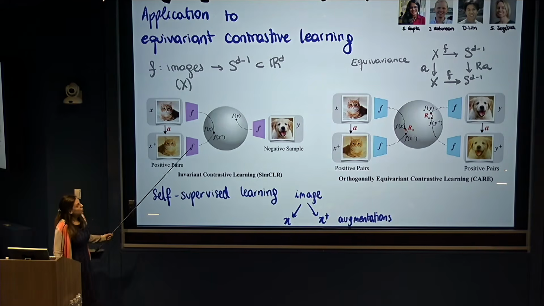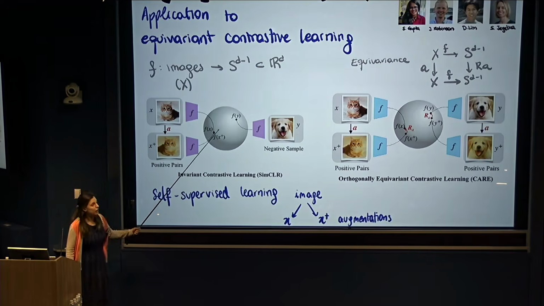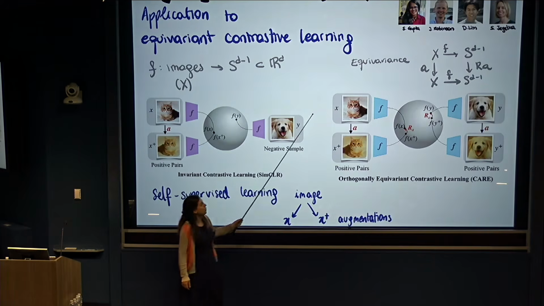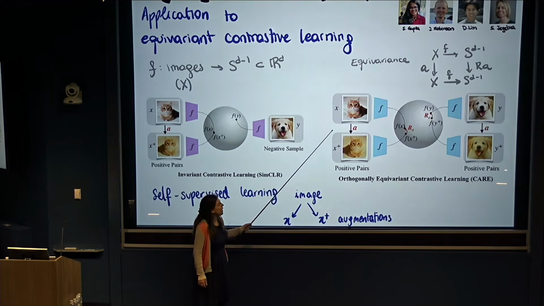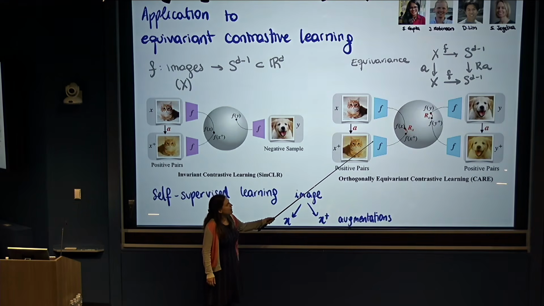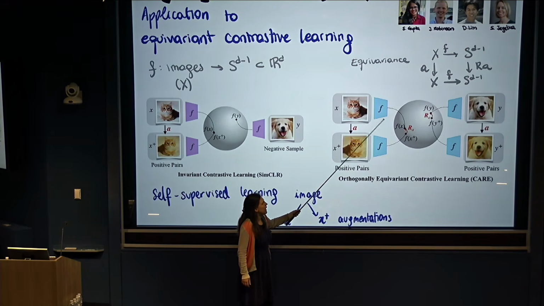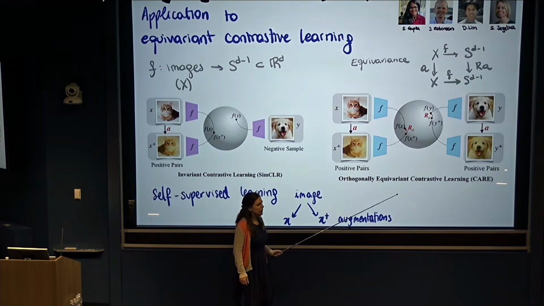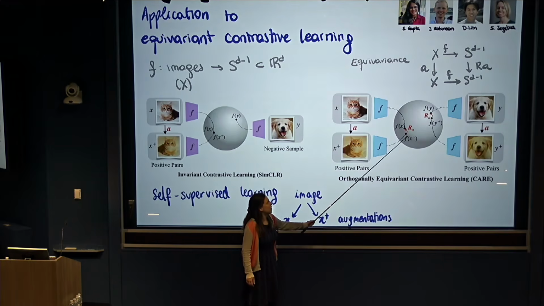What we can do is extend this self-supervised learning to equivariant embeddings. If I apply an augmentation to my image, the embedding doesn't stay invariant, but there exists an explicit transformation that sends the embedding of the augmented cat to the embedding of the original cat. And this orthogonal transformation is the same for every image.